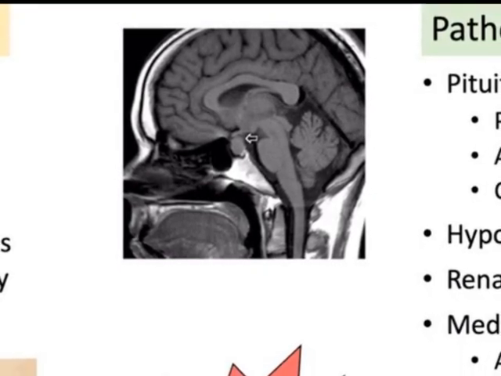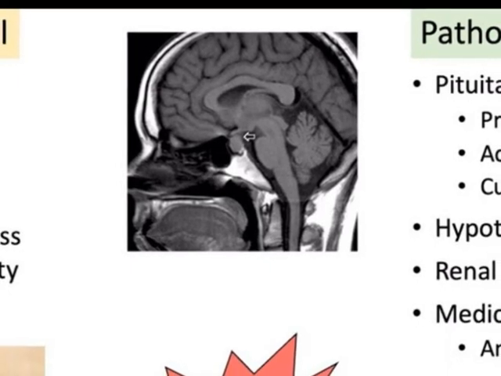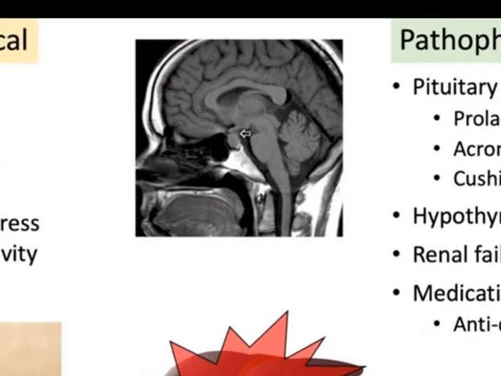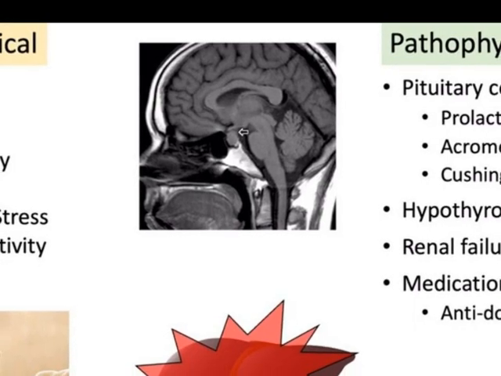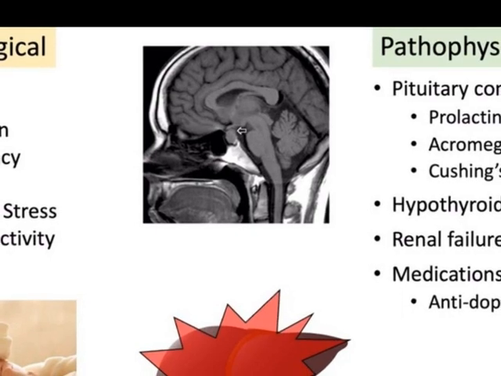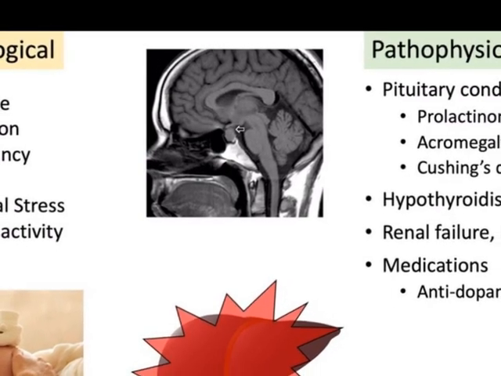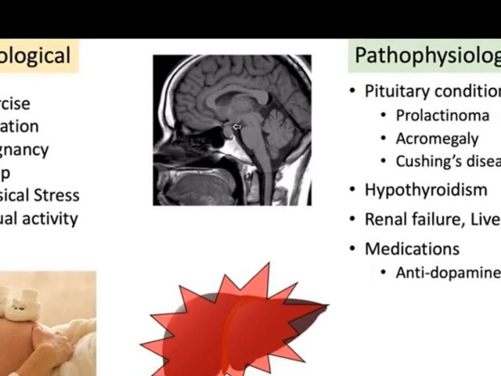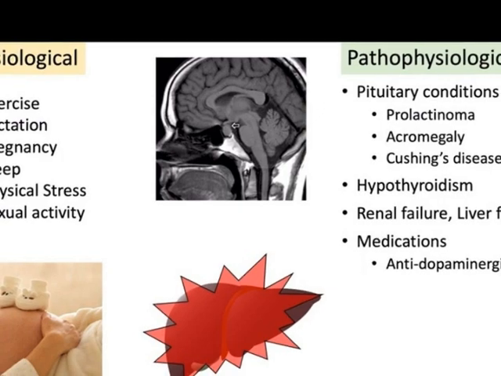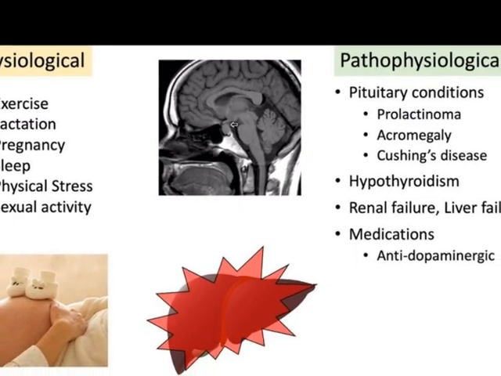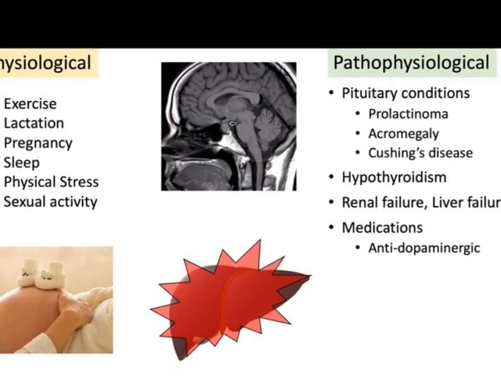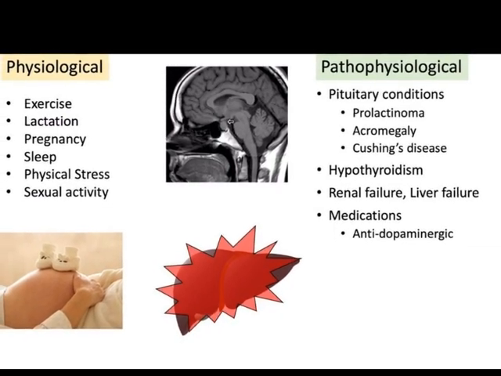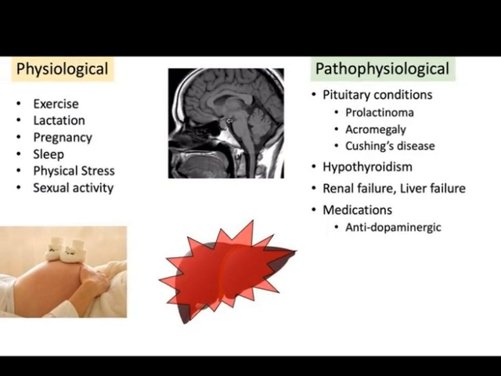They may also rise slightly at other times, such as physiological conditions including exercise, lactation, pregnancy, sleep, physical stress, sexual activity, epileptic seizures, meal, and pathophysiological causes such as pituitary conditions, acromegaly, and Cushing's disease, hypothyroidism, kidney diseases such as renal failure, liver failure, and certain medications that increase prolactin levels, including antipsychotic drugs, anti-dopaminergic drugs, high blood pressure medicines, drugs used to treat nausea and vomiting.